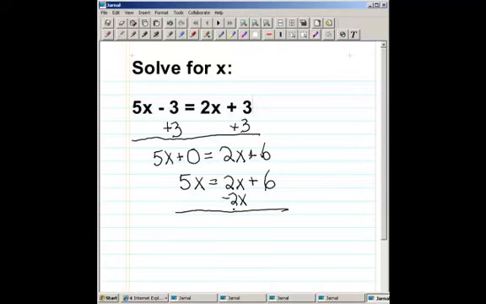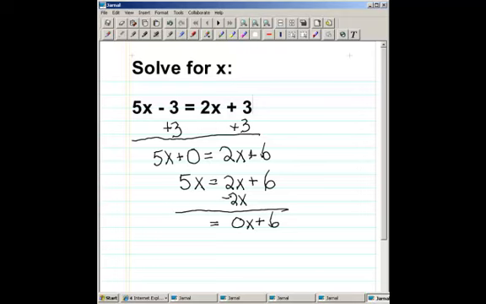By subtracting 2x from the right-hand side, I'm left with 0 x's and the constant plus 6. Again, I must perform the same operation on the left-hand side as I did to the right-hand side.